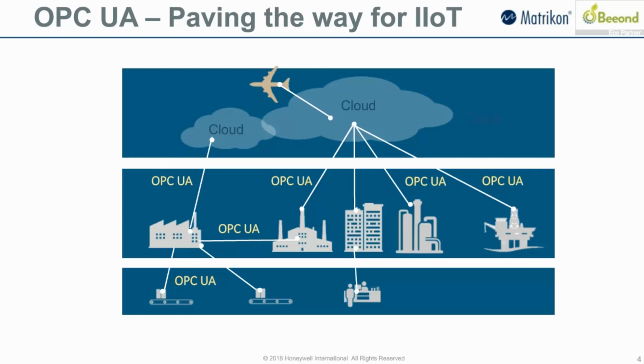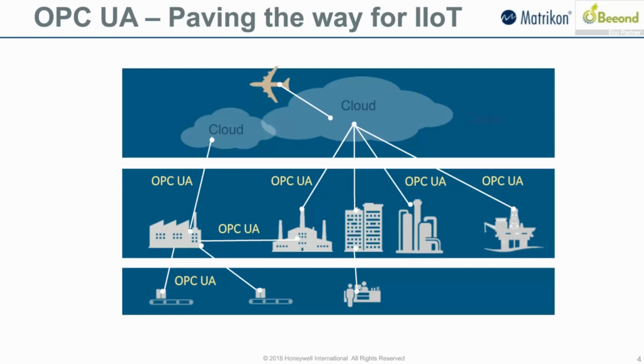As a communications and interoperability platform, it is used at the lowest levels down to sensors, devices and actuators, at the control or operations level, and upwards to cloud solutions or throughout the enterprise on the business side.